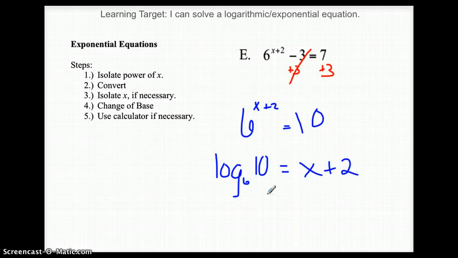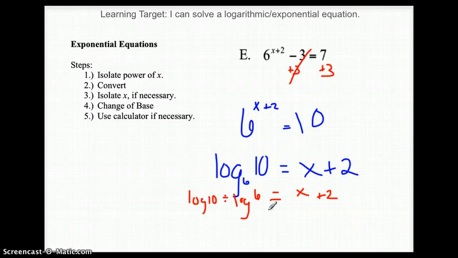Now use that change of base so we can figure out the decimal of log base 6 of 10. So log of 10 divided by log of 6 equals x plus 2. And let me type that in. Log of 10 divided by the log of 6. And now I'm going to keep this on my screen. I'm not going to write it on the computer. On my calculator screen, I got like 1.285, blah, blah, blah.